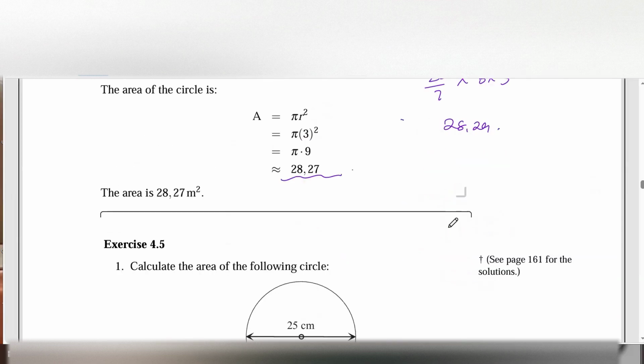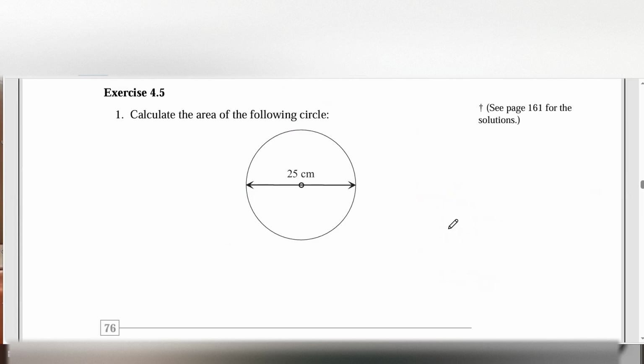Then in this exercise, calculate the area of the following circle. We were given 25. This is the diameter. We need to find the radius. So 25 over 2, which is 12.5. Then area will be pi radius squared, so pi of 12.5 squared. What do we get?